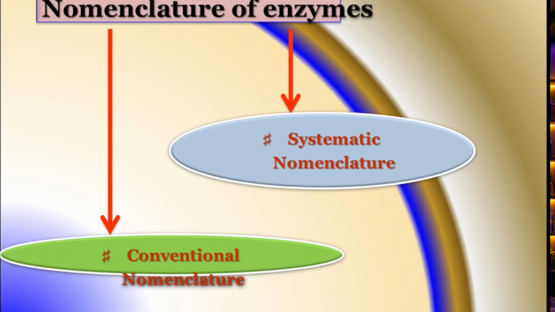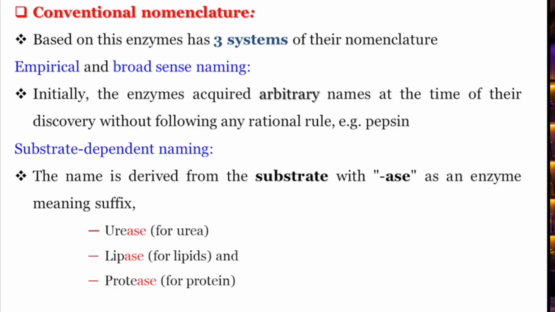Nomenclature of the enzyme. How can we name the enzymes? This can be conventional nomenclature and systematic nomenclature. Conventional nomenclature has three systems of naming: empirical and broad sense naming, for example by adding arbitrary suffixes, such as adding ase.